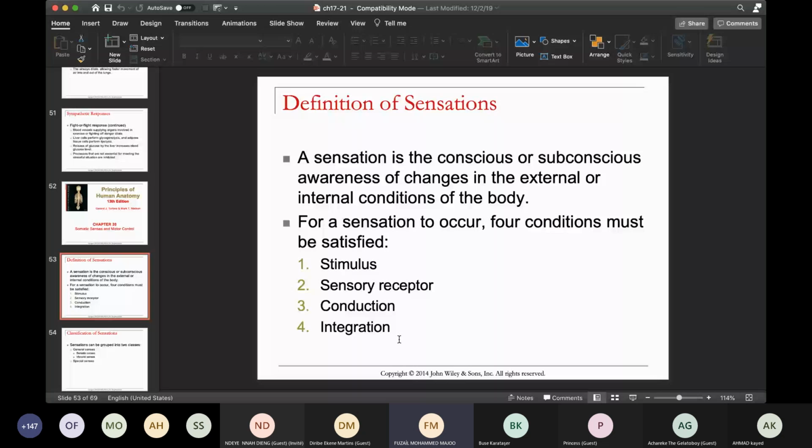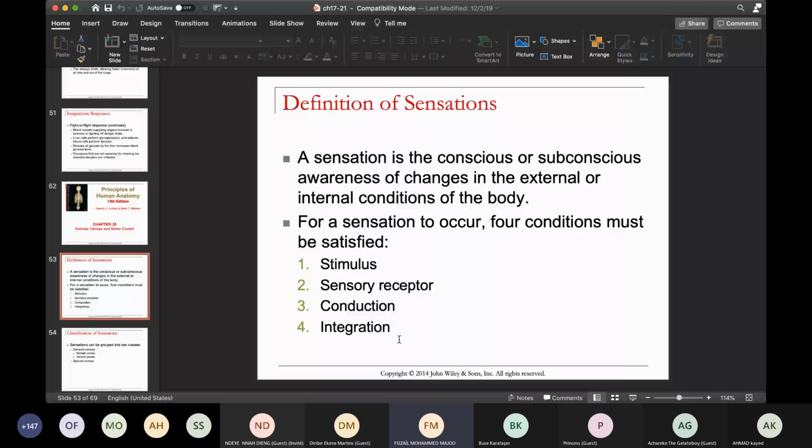Now, that stimulus could be in the form of light, heat, pressure, mechanical energy, or chemical energy. The sensory receptor responds to that stimulus by altering its membrane permeability to small ions.